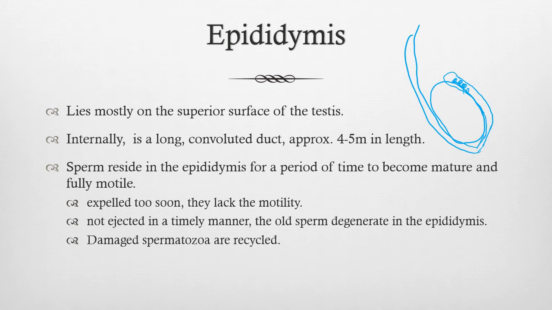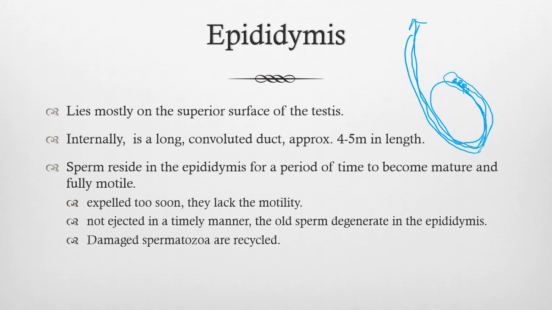The cells themselves then become ejected during ejaculation, and the cells are then hopefully at that point ready for prime time. They've been matured well enough, so they're not going to function in any kind of abnormal process.